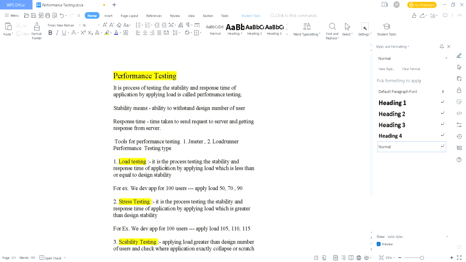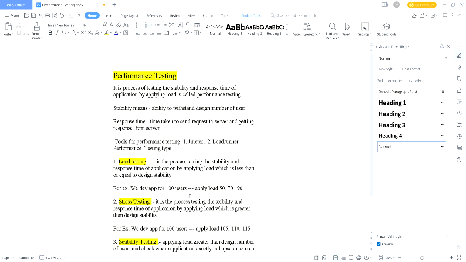For the types of performance testing, first is load testing. Load testing means checking the response time of an application by applying a load which is less than or equal to the designed number of users. For example, we develop an application for 100 users and we apply loads of 15, 17 and 19 and check the response.